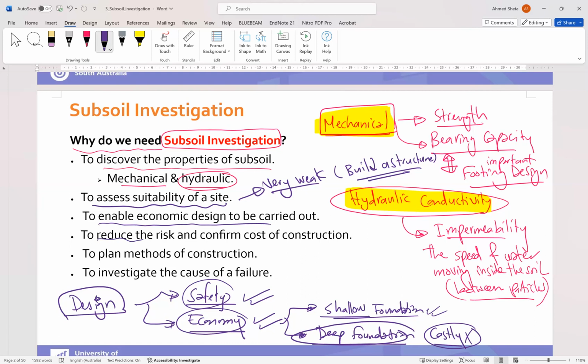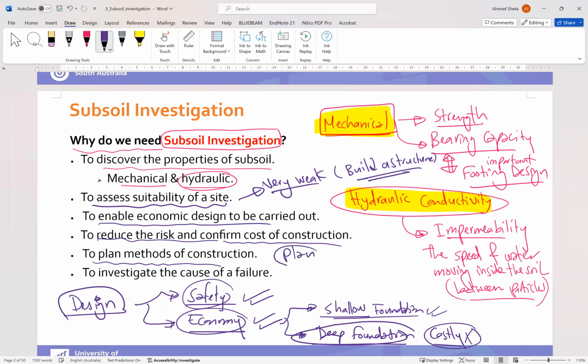Okay, also one of the importances is to reduce the risk and confirm the cost of the construction, so you don't have any extra cost after the proposal. And also this will give us better plans for our construction. What is the plan to do?